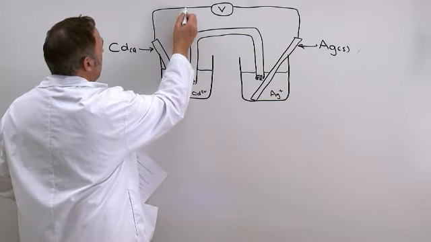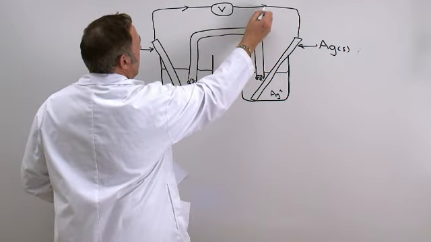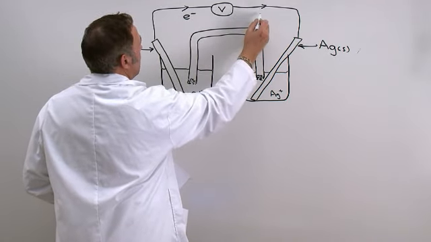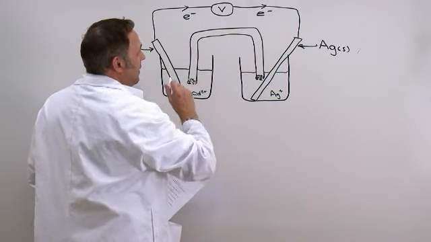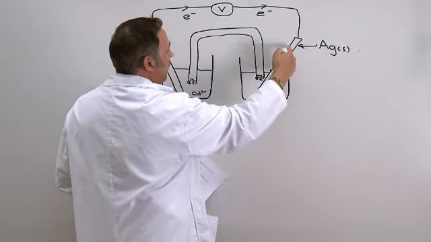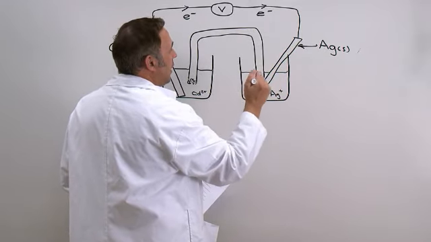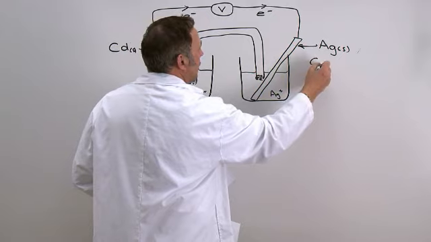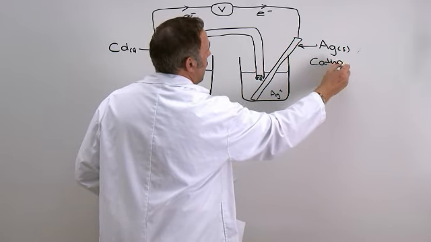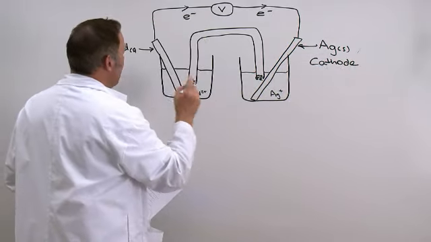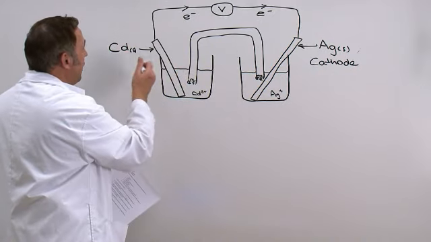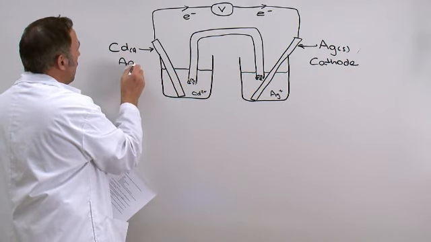And so the electron flow is going to be this way. These are my electrons. And the oxidizing agent is where the cathode electrode is. And the reducing agent, where electrons are leaving, is going to be the anode.